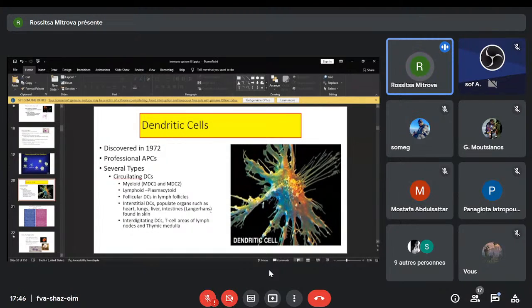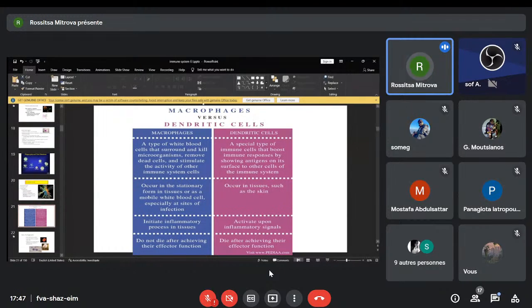The Langerhans cells are found in skin, and there are interdigitating dendritic cells in the T cell areas of lymph nodes and thymic medulla. What is the difference between macrophages and dendritic cells?